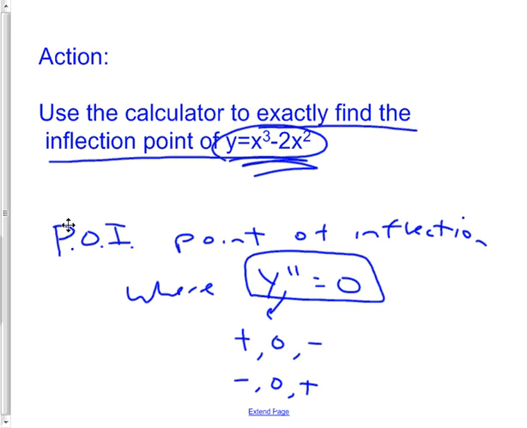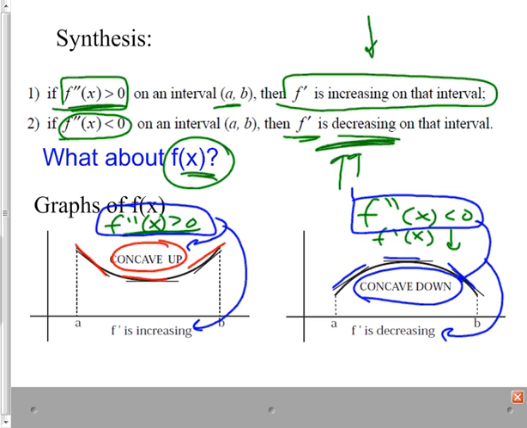Because where y double prime is positive, that means it's concave up, and where it's negative, that means it's concave down. And that's from the last slide here. Whenever it's positive, it's concave up. When it's negative, concave down.